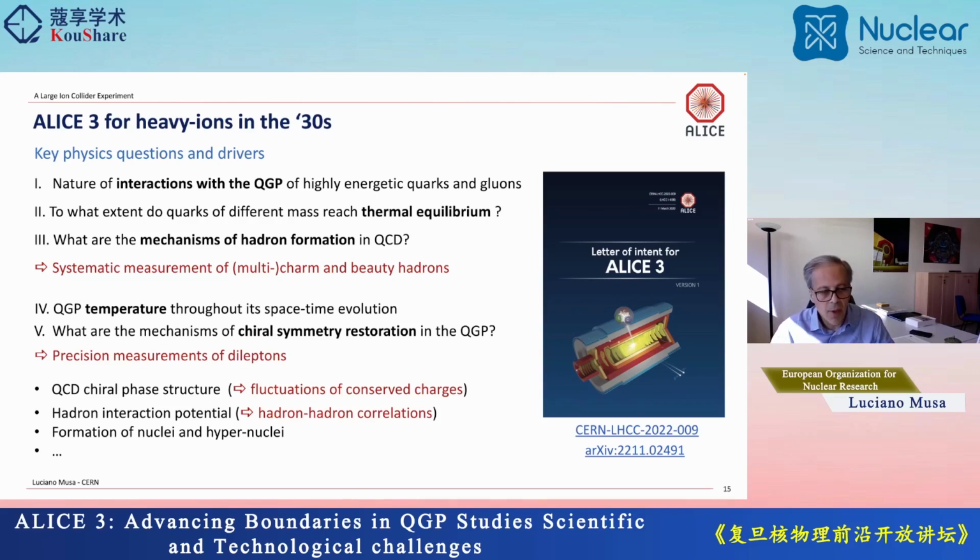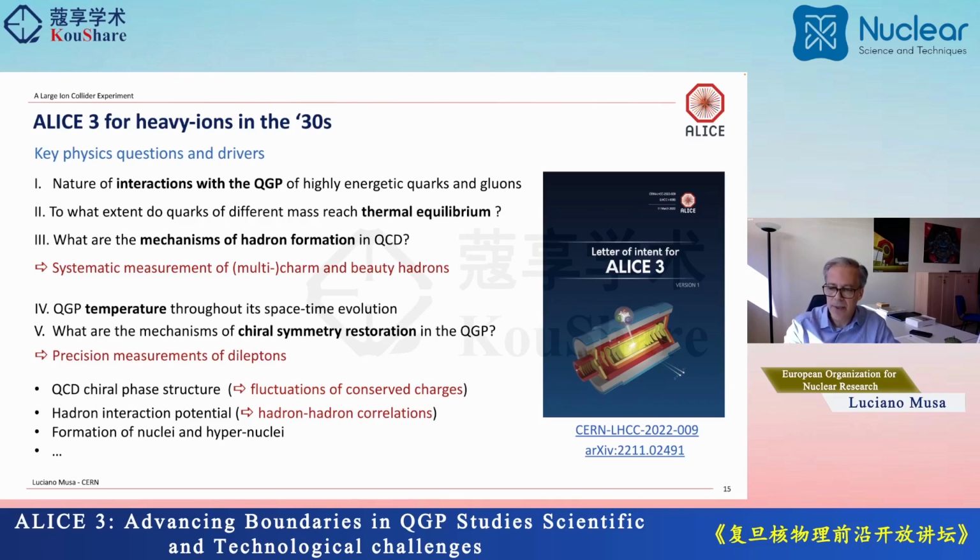And there is much more. So we have also the measurement of the fluctuations of conserved charges to have a more systematic study of the QCD chiral phase structure. We will continue our measurement of the short-range interaction potential of hadrons, the formation of nuclei and hypernuclei, and much more.